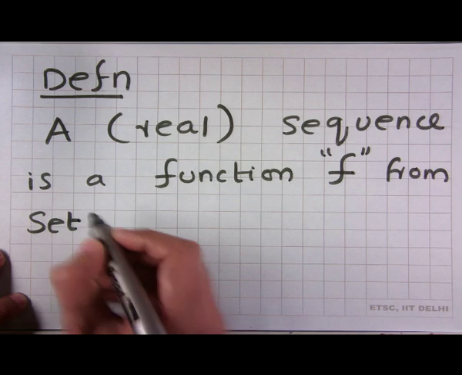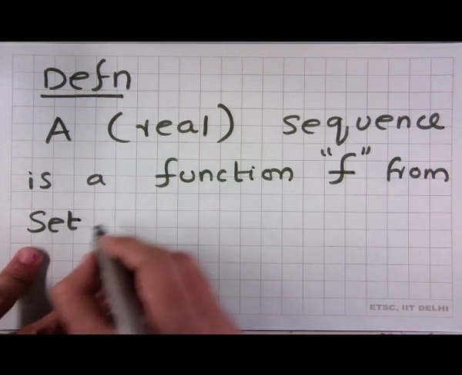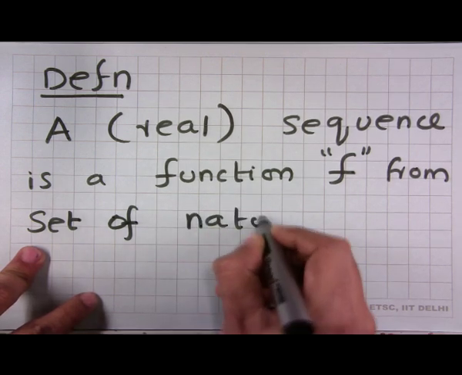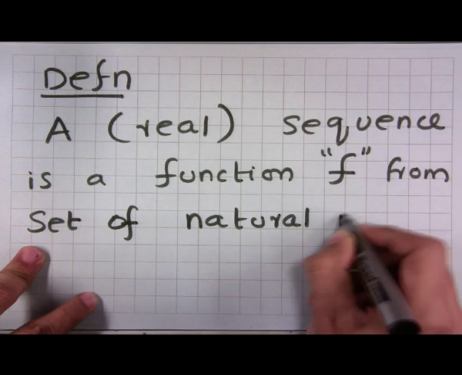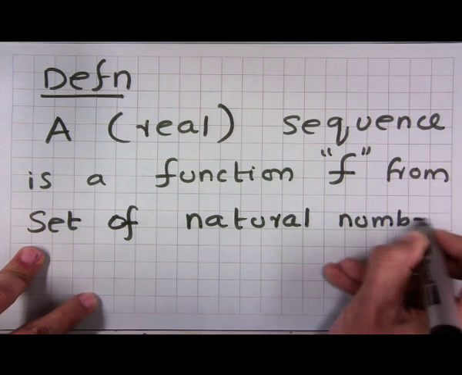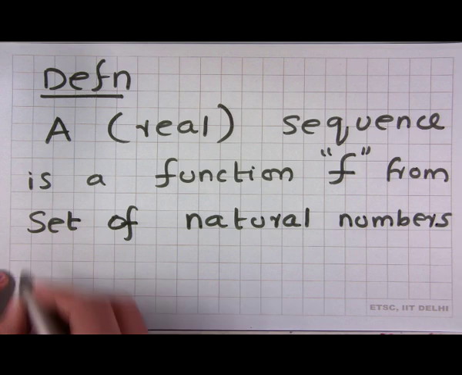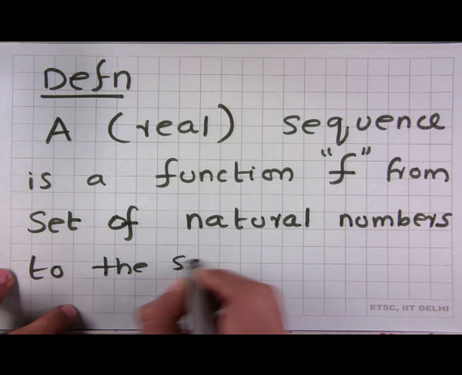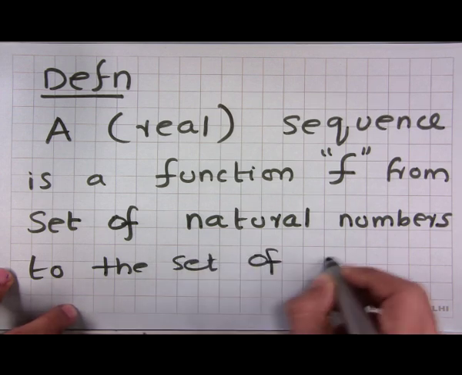A real sequence is a function f from the set of natural numbers to the set of reals.